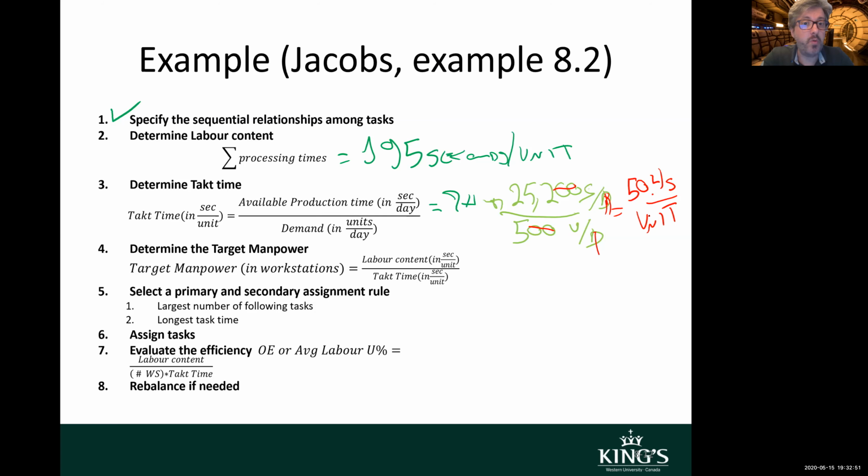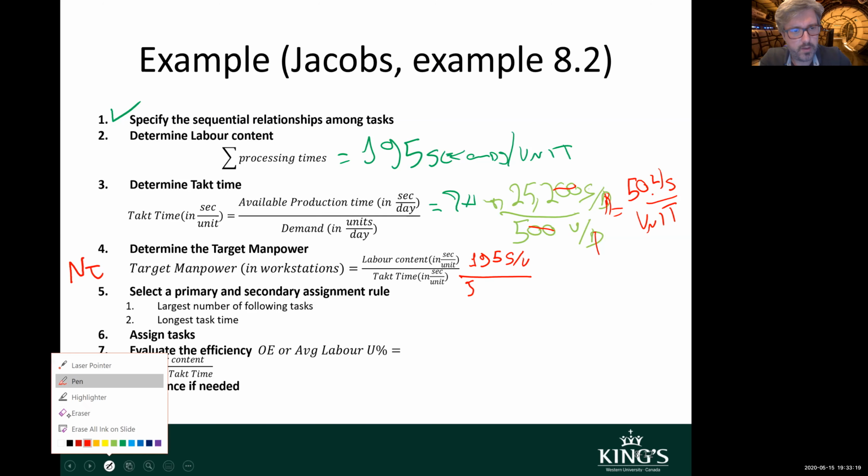Now let's determine what my target manpower is. So remember that target manpower in terms of workstations is also what we call the theoretical minimum number of workstations, right? So the labor content is 195 seconds per unit, and my takt time is, oh geez, there goes the weird number again.